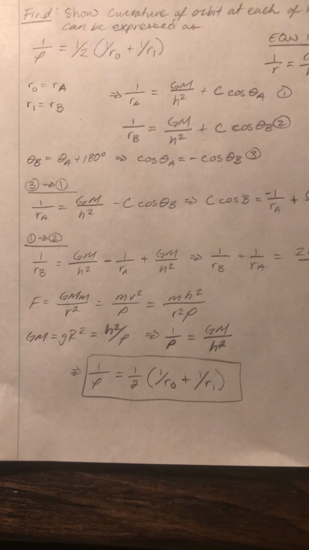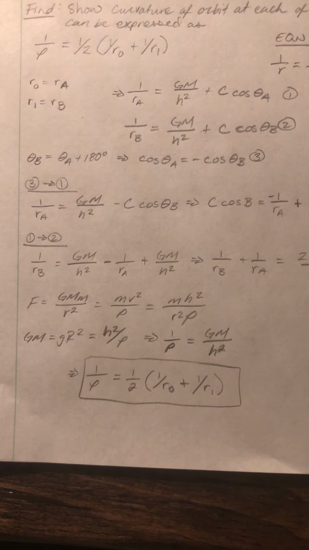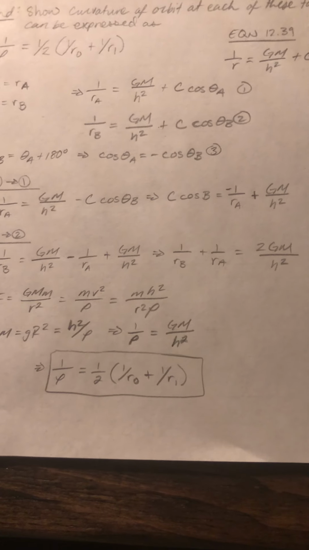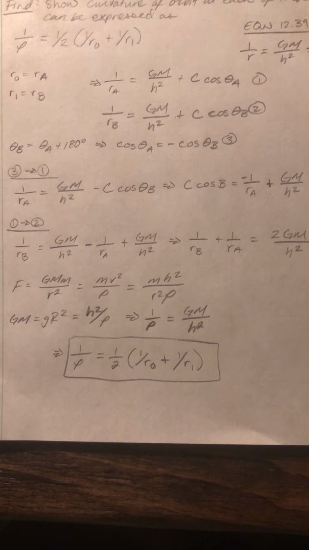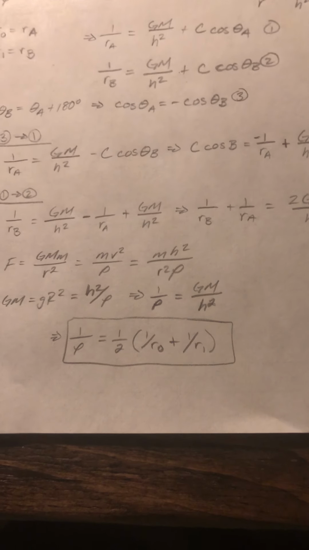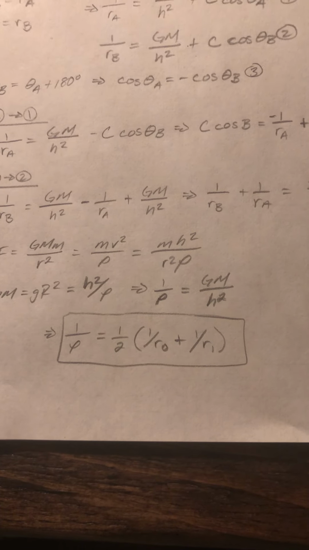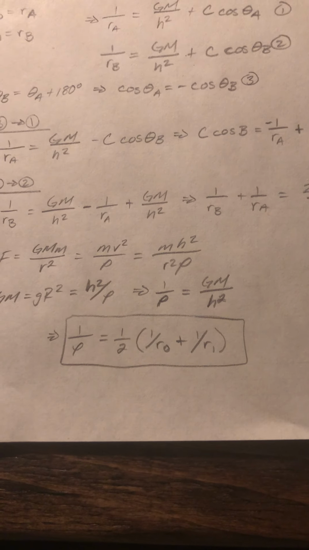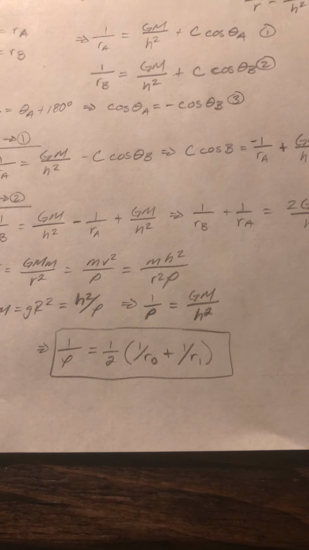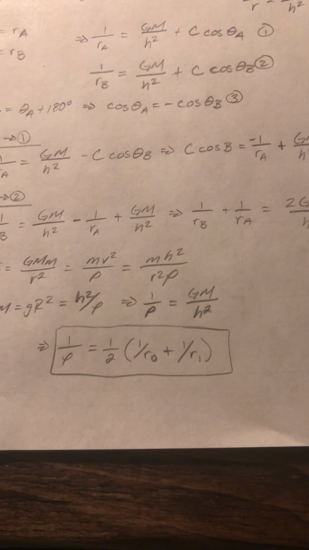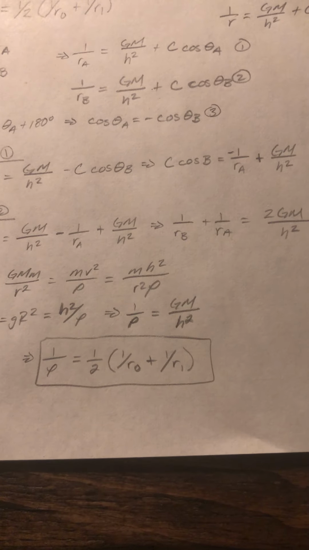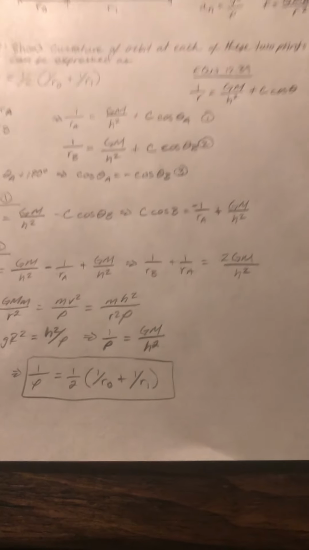And GM is equal to gR squared, which is also equal to h squared over rho, which then we are able to find that the curvature can be expressed as 1 over rho equals 1/2 times 1 over r0 plus 1 over r1. Thank you.